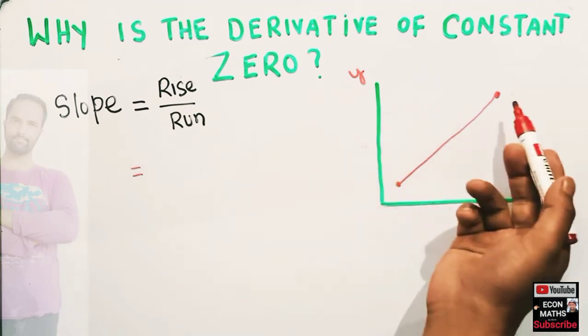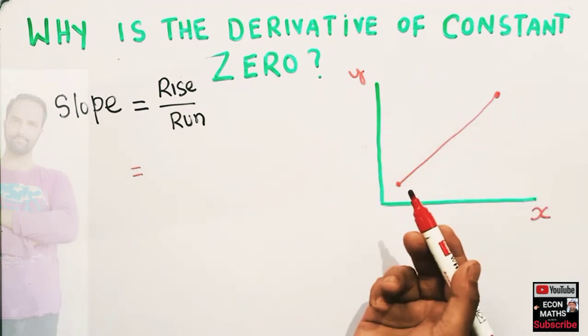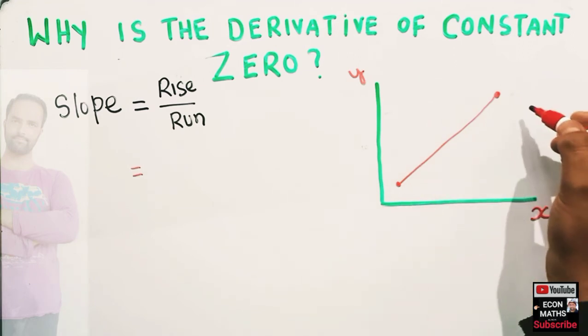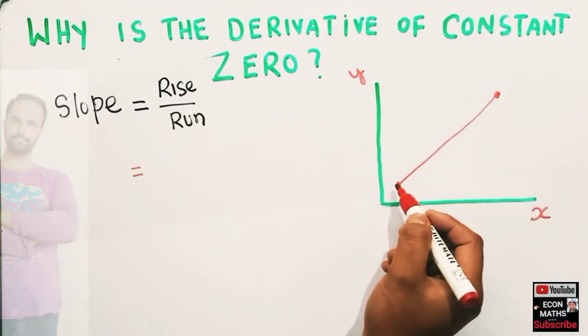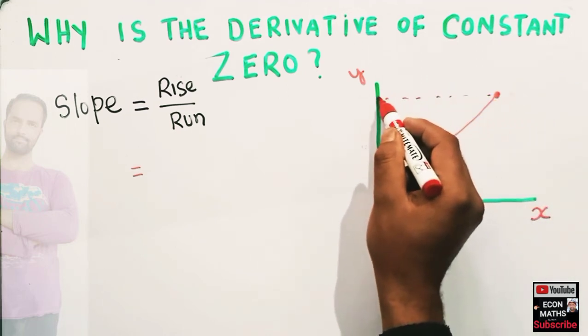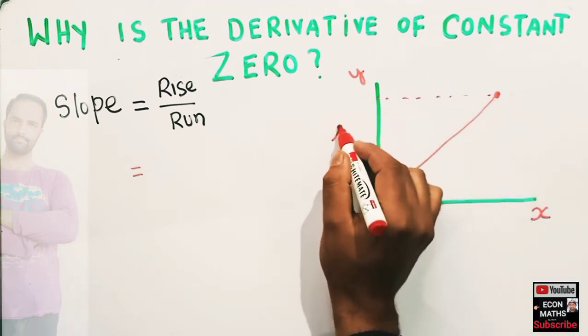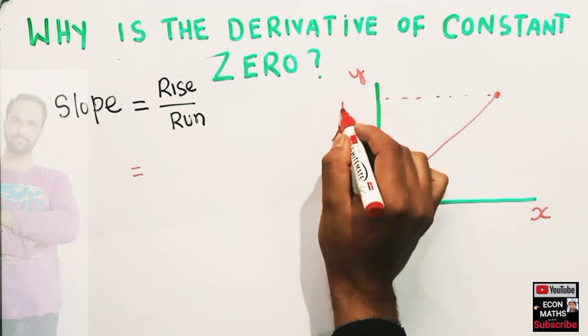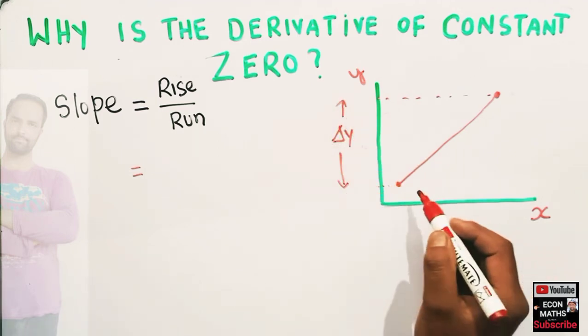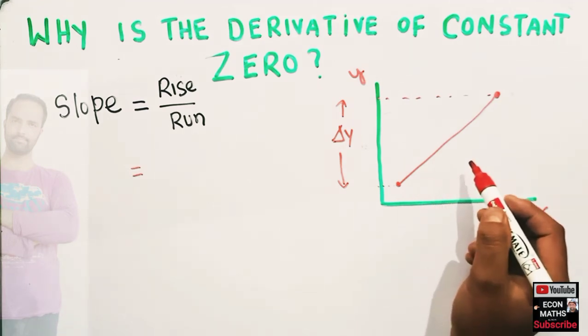The slope of this line is simply equal to the change in the vertical distance, that means from this point to this point, what we call del y. This denotes the change in the vertical axis upon the change in the horizontal axis.